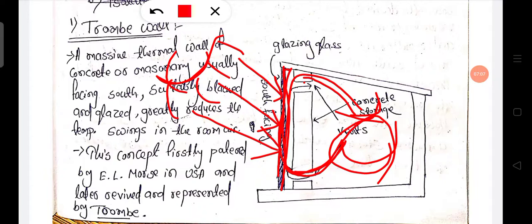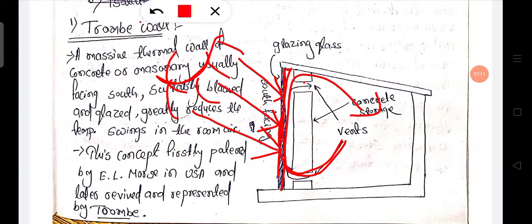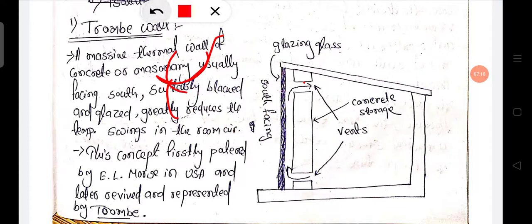And what is the advantage over the direct gain concept? In direct gain we cannot control the room heating or room temperature. Here in the Trombe wall concept we control our room temperature by controlling the airflow.